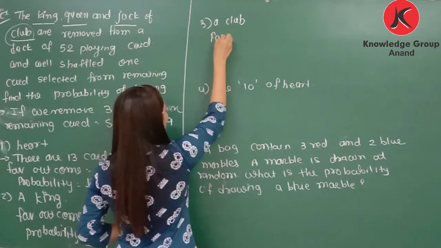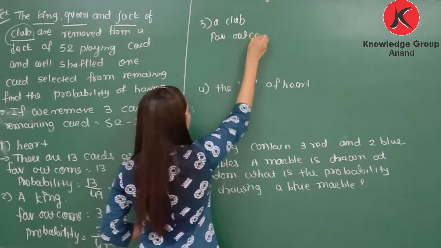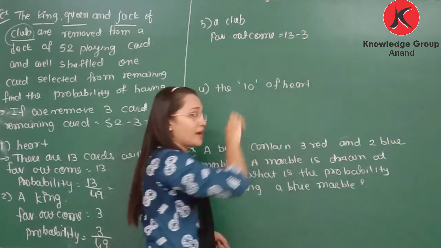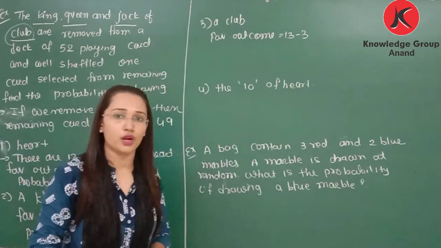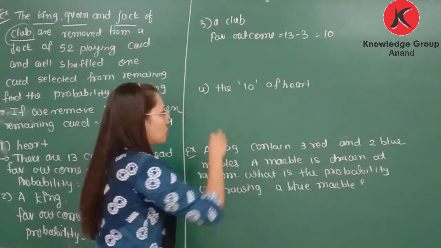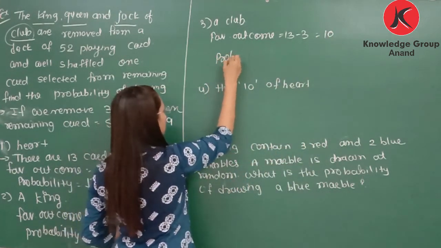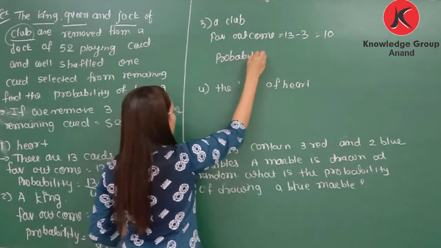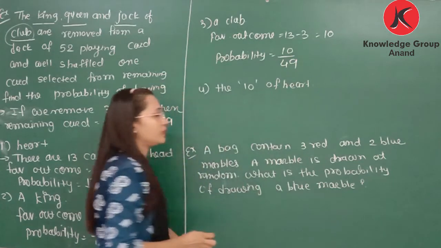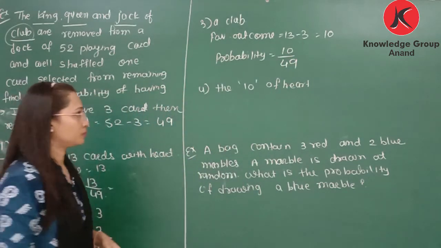So favorable outcome is 13 minus 3. Why are we performing minus 3? Because 3 cards of club are removed. So favorable outcome is 10. So now probability is 10 by total cards 49. 10 by 49.